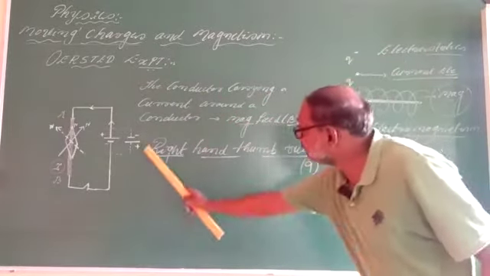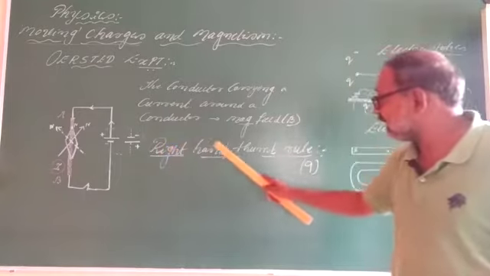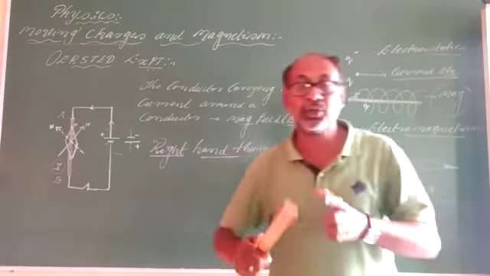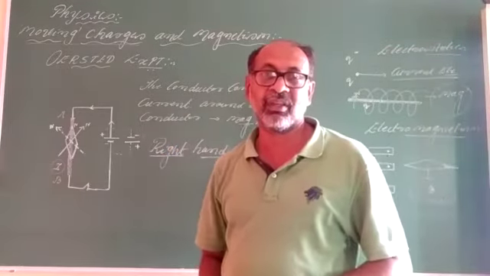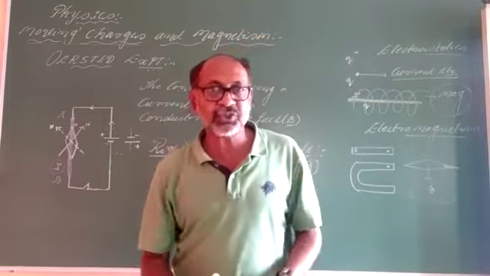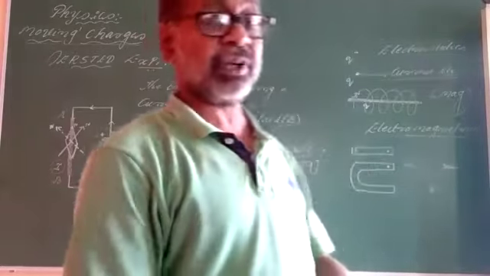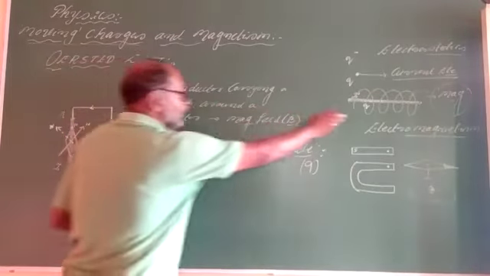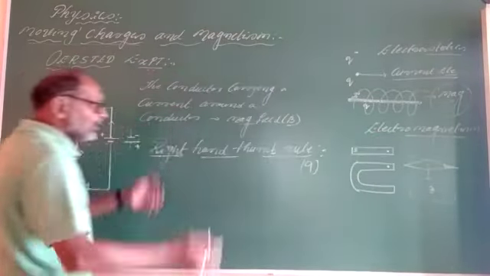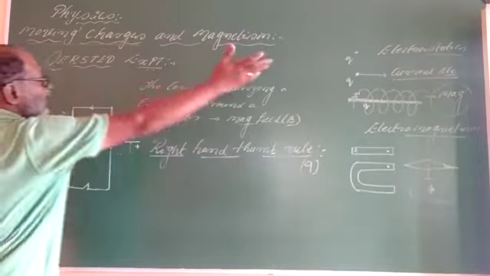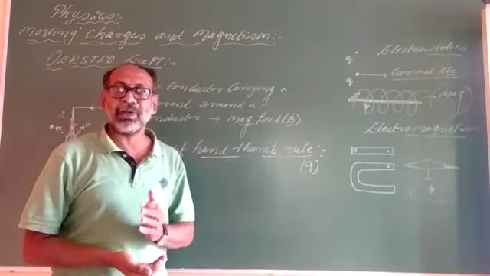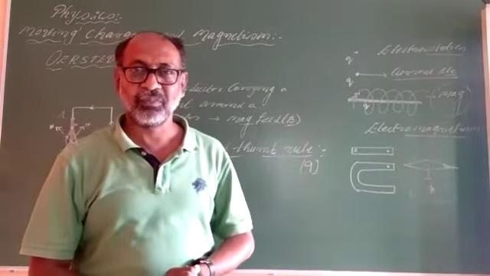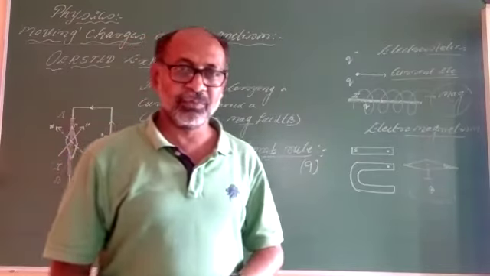This is about the right hand thumb rule. So this Oersted experiment leads to electromagnetism, and that particular unification is termed as moving charges and magnetism. Thank you for watching this video.